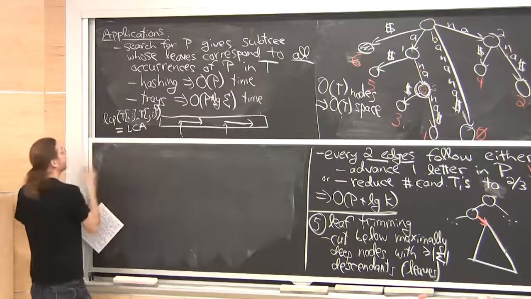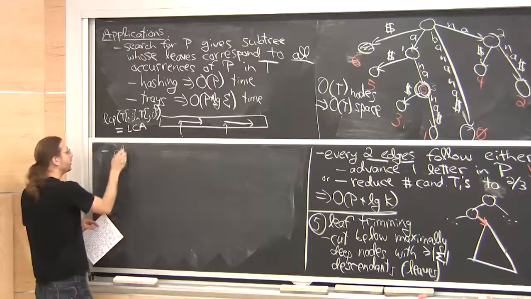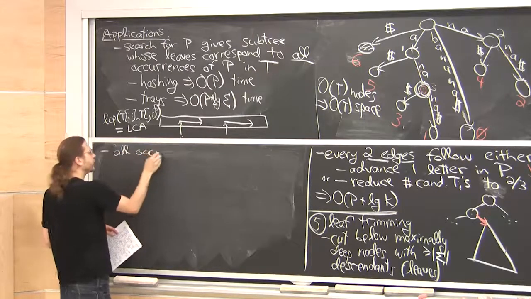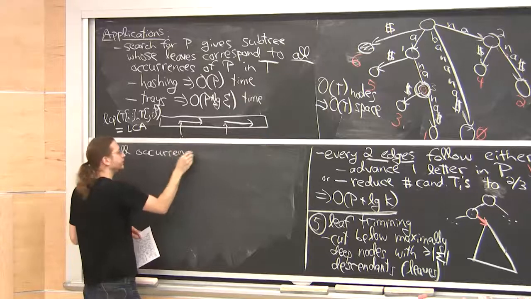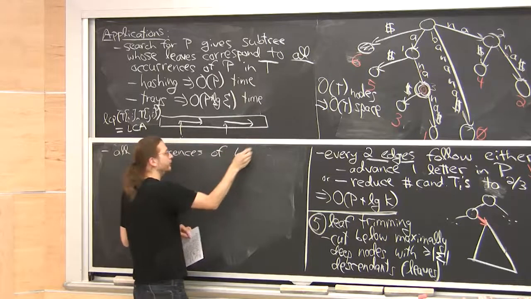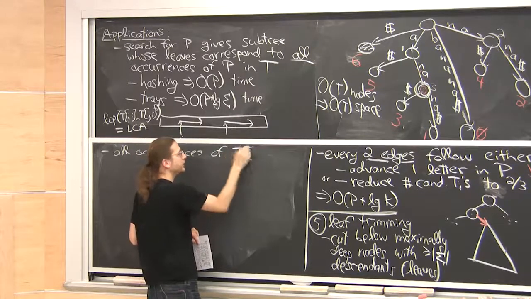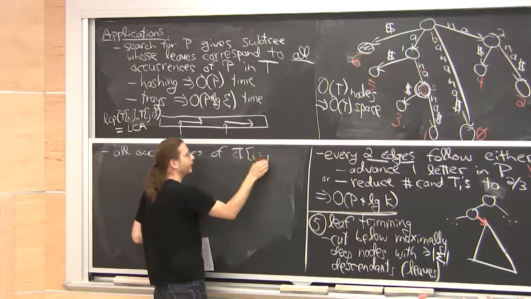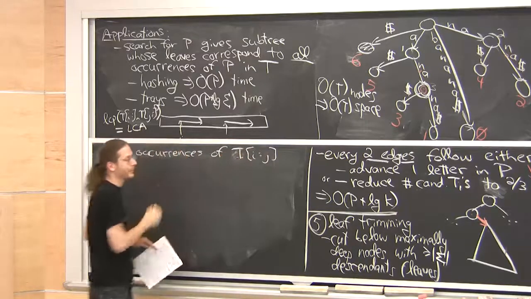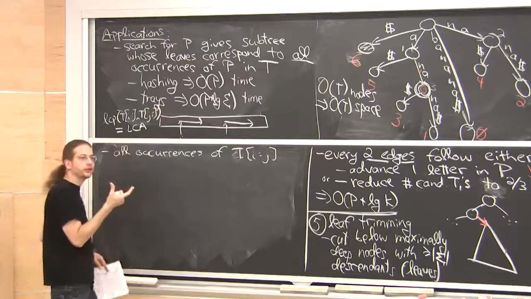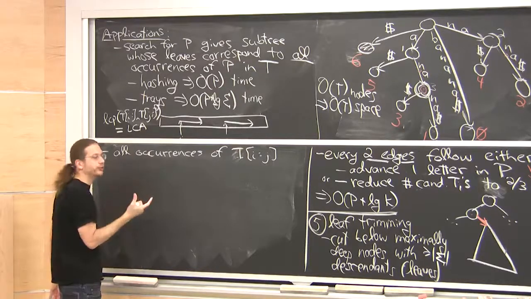Okay, here's another one. Suppose I want to find all occurrences of t[i..j]. So I give you a substring, and I want to know where it occurs.